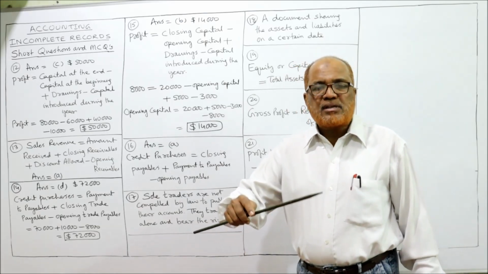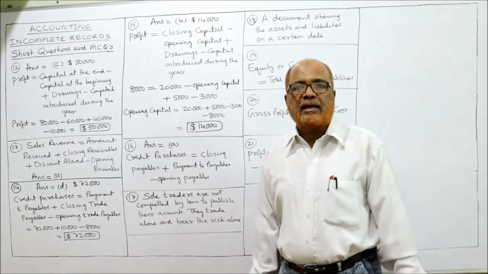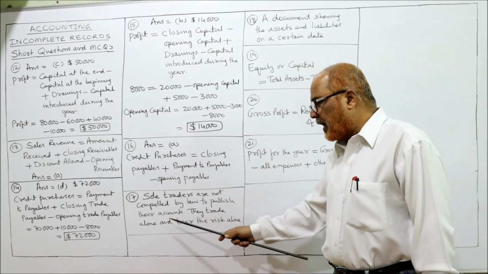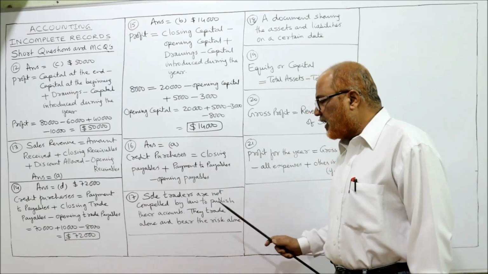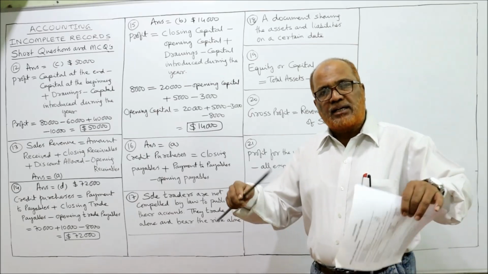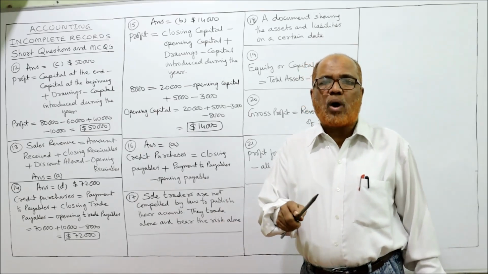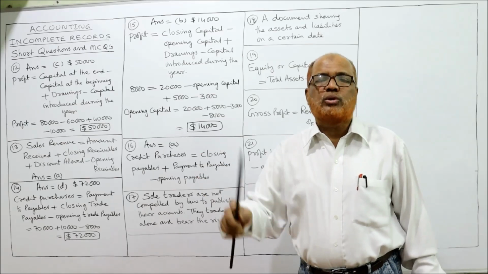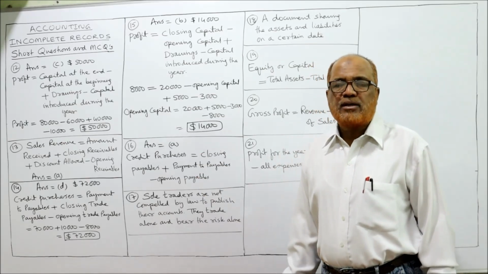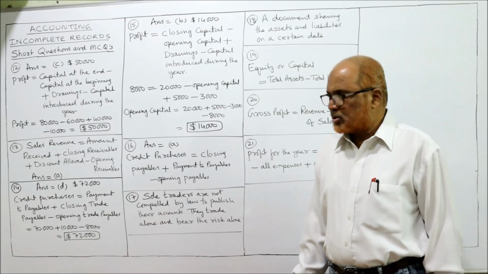It is not compulsory to give the accounts to the public. They trade alone and bear the risk alone. That's why the accounts are not required to be published to the public, and that's why it is not compulsory for them to maintain the accounts.